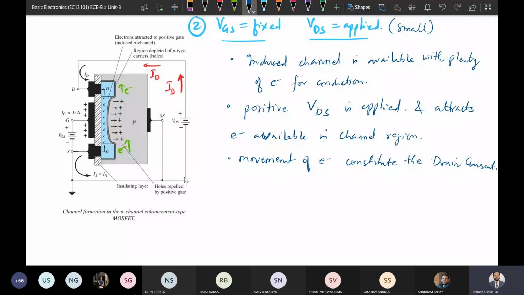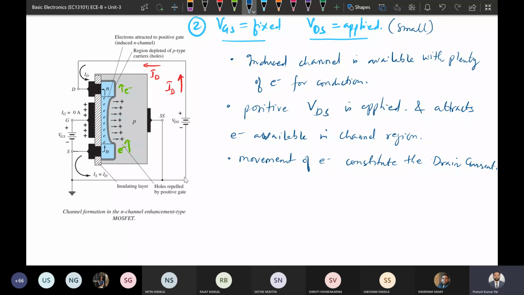As the reverse bias on the PN junction diode increases, there will be an increase in the depletion region. This black shaded region is showing the depletion region. This is the depletion region taking place as we apply the drain to source voltage.